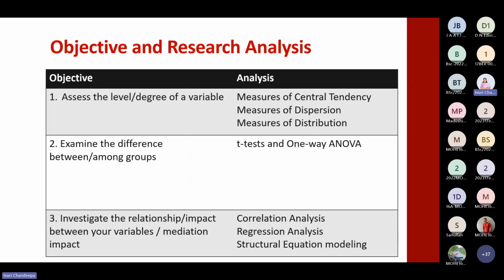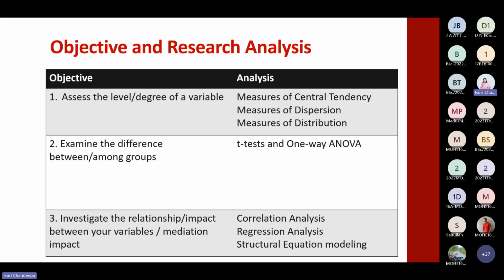You have to be in line with this. What is my objective? What is my research question? What is my hypothesis? Accordingly, what is my data analysis technique to fulfill my objective? It should be within one row. All these components should be in line with each other.